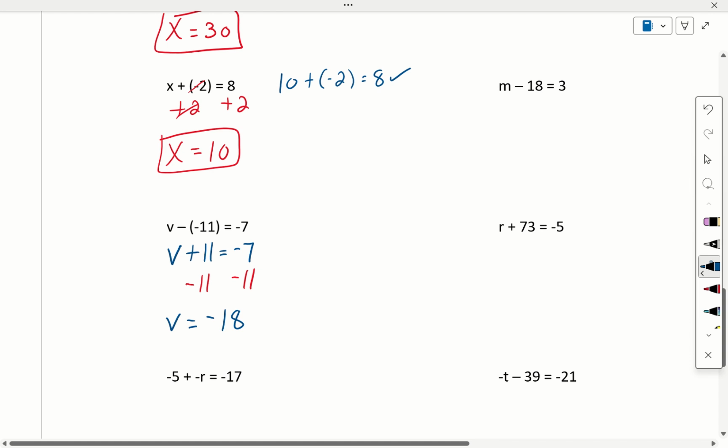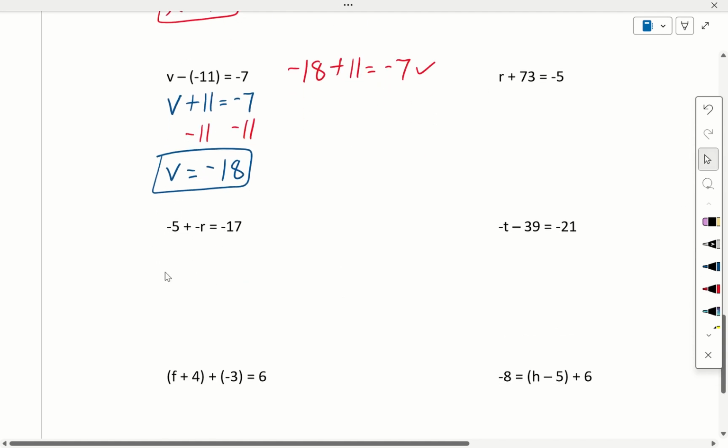That's negative 18. Negative 18 for v. And let's double check this. Negative 18 plus 11 equals negative 7. Negative 18 plus 11 does in fact equal negative 7.